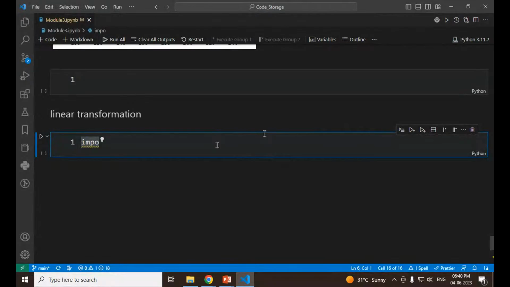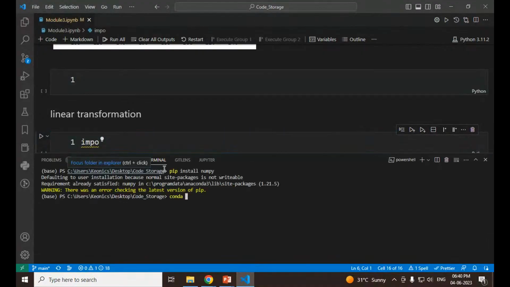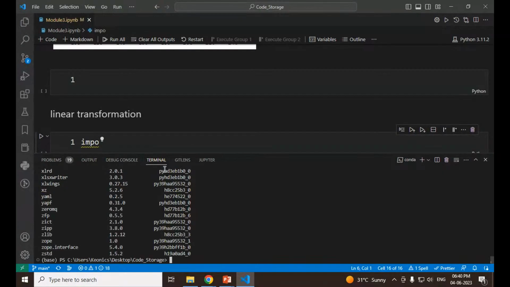One thing, go to the terminal. Okay, conda space list. Press enter. You are presently in the base, right? 3.11 only base. Press conda list. Go for the yes, please.